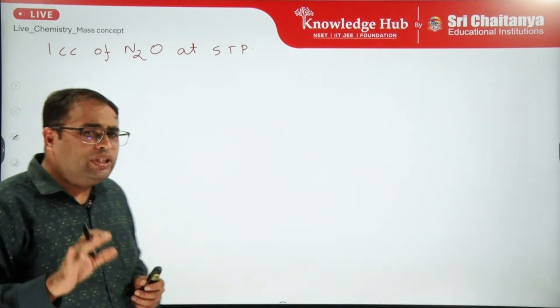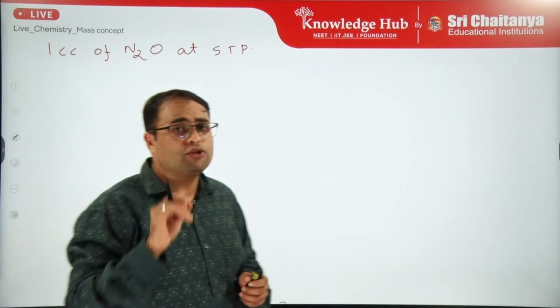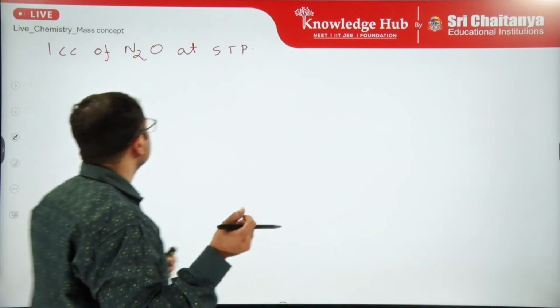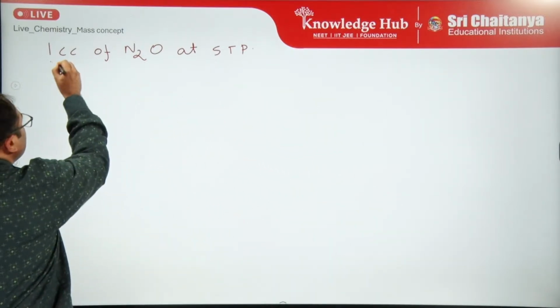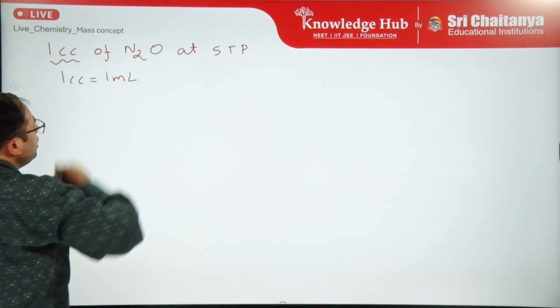Now, before you do these kinds of questions, remember the very first thing that you need to do is to calculate the moles. How will you do that? Simply, I told you that 1 cc is nothing but 1 ml.